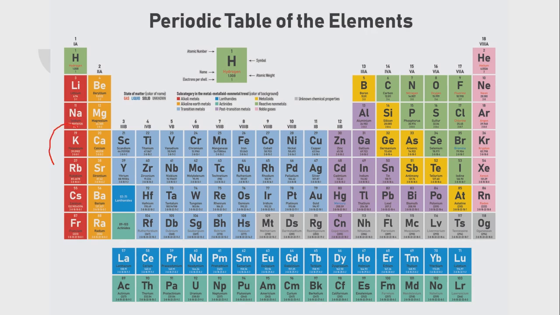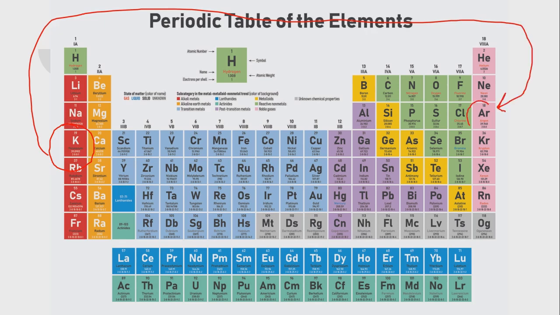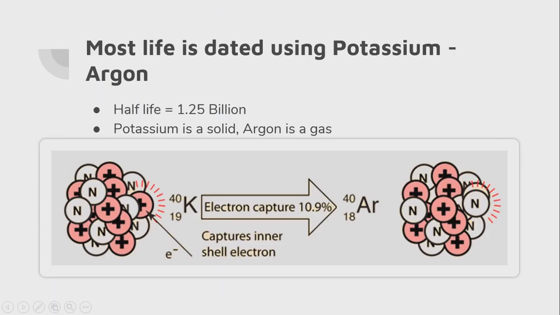Here's potassium, it's K, and it falls apart and ends up moving over one in the periodic table, on the other side, to argon, which is technically the next one over. So similar thing as our uranium to thorium. It's falling apart, it's changing over time. And this half-life is around 1.25 billion years.